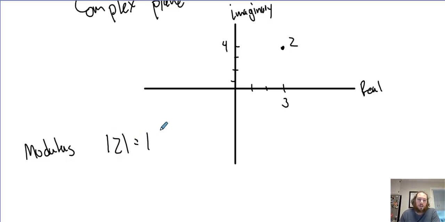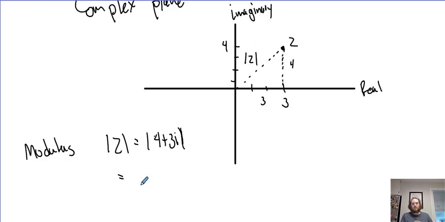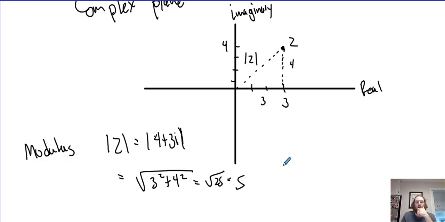So we would find the modulus of 4 plus 3i by looking at the right angle triangle that has those dimensions, 4 and 3, and the hypotenuse is the modulus of z. That is equal to the square root of 3 squared plus 4 squared, which is the square root of 25, which is 5 in this case.